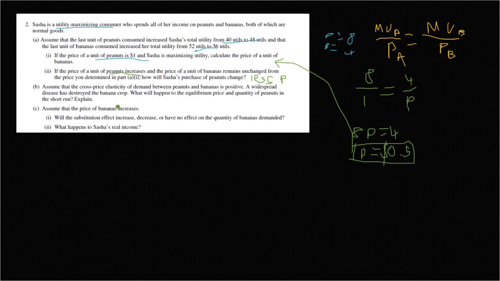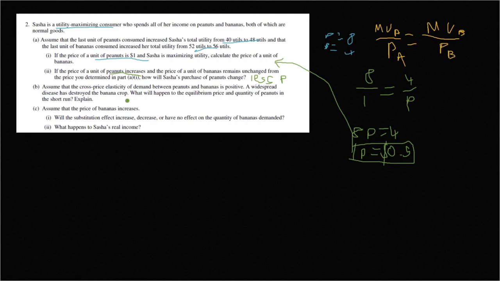And so the price and quantity of peanuts will increase because they are substitutes. Because the price of one increases, the other will increase, just based on the fact they are substitutes.